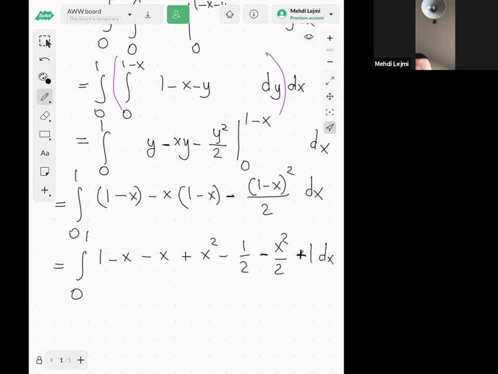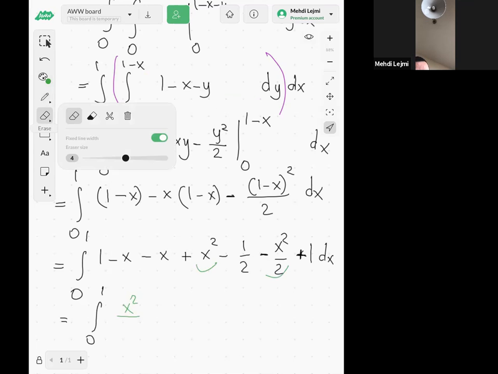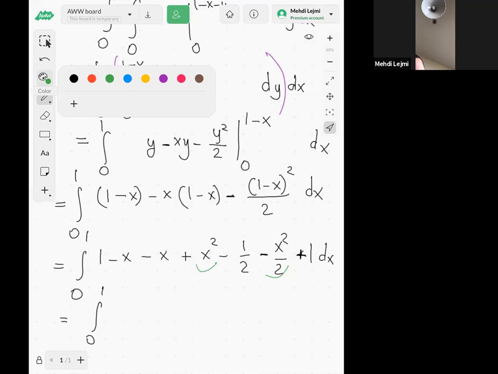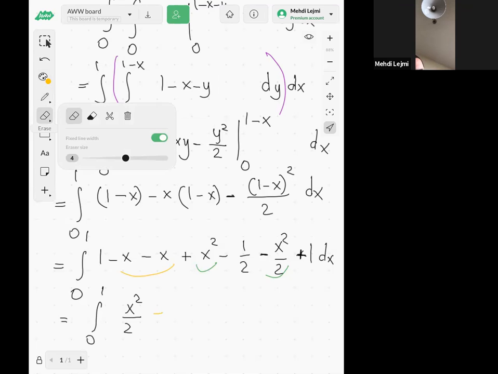Anyway, so this is 0 to 1. Let's see how many x squared we have: x squared minus x squared over 2, so that'll be x squared over 2. How many x's do we have? Minus 2x.